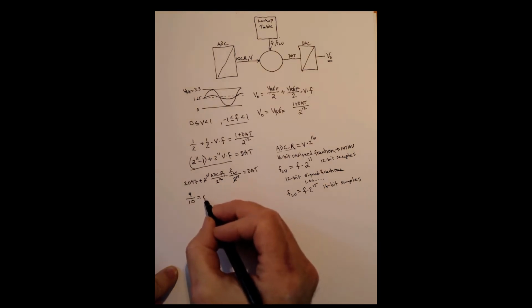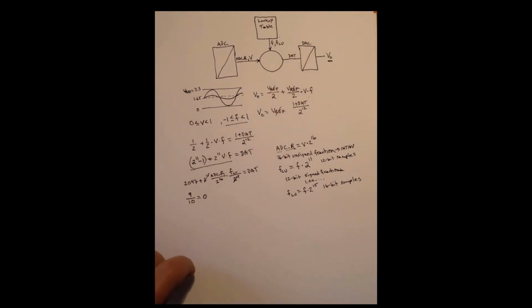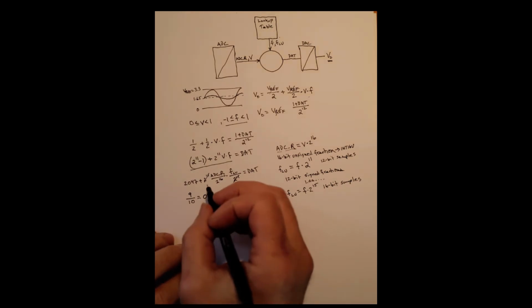We would get 0, because the answer is always going to be an integer, and of course, 9 divided by 10, the integer part is 0. So we're just going to get a 0 there. So we always want to do the shifting or the multiplications first in the numerator before we do any division. So that's what we'll do.